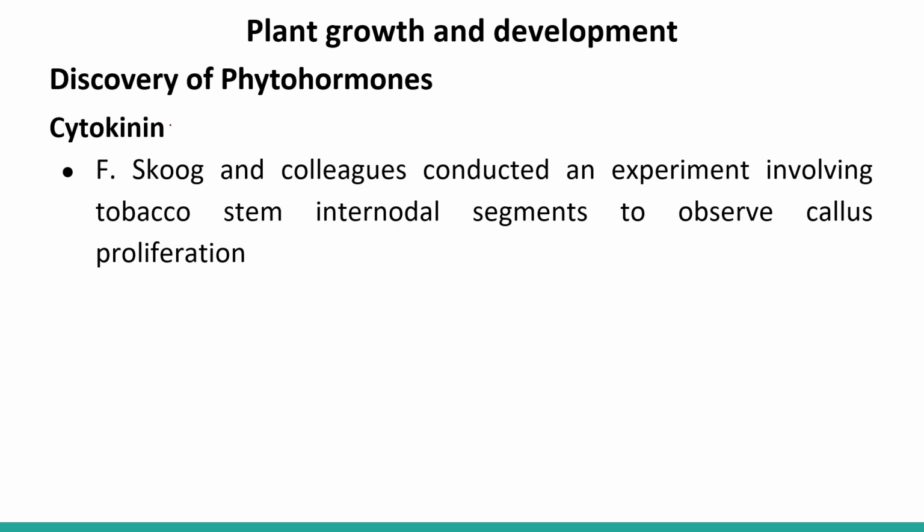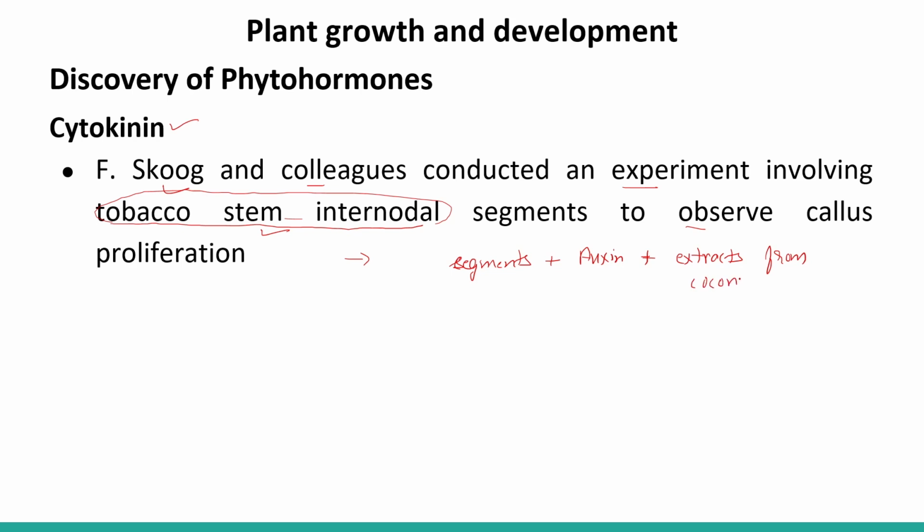Now next is the discovery of cytokinin. A scientist named Skoog and his colleague conducted an experiment involving tobacco stem internodal segments. What they observed was that callus formation from the tobacco stem internodal segments occurred when these segments were provided with auxin, plus some extract from coconut, and some other material also.